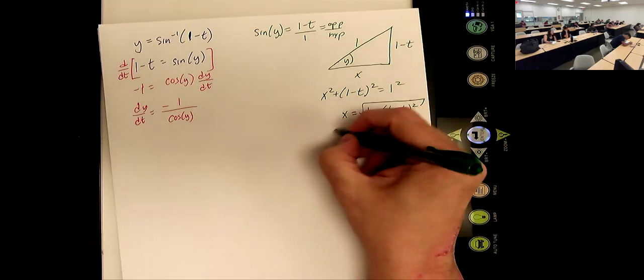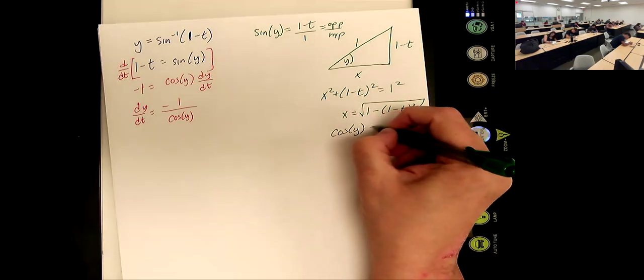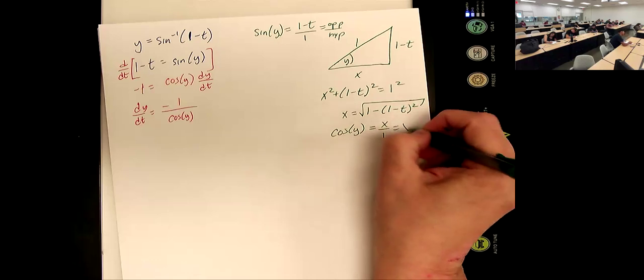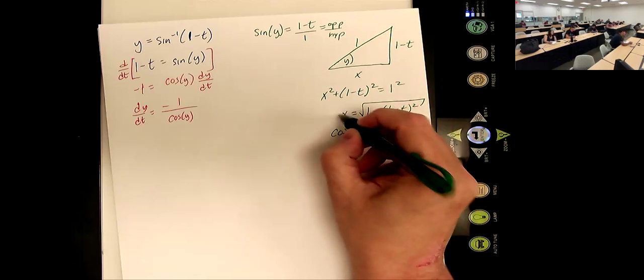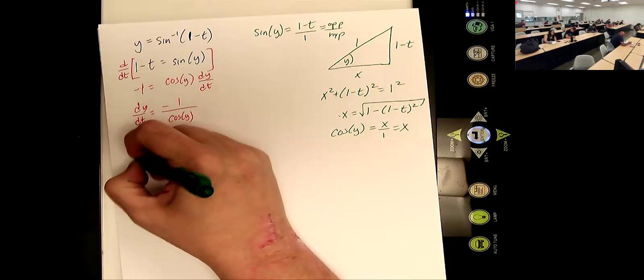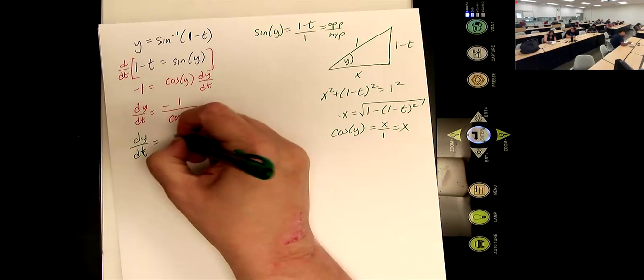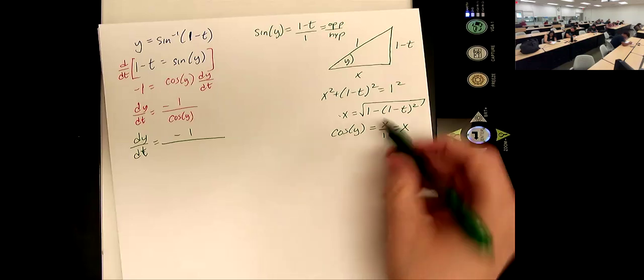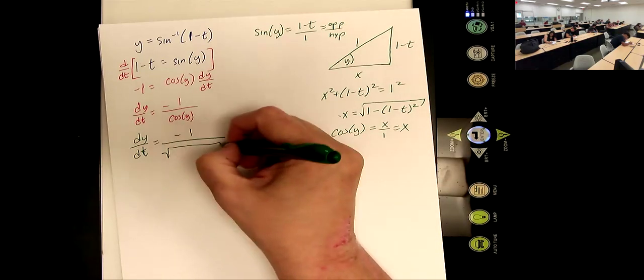And if we look at cosine of y, it's adjacent over hypotenuse, x over 1, or just x. That's my x. So dy/dt equals -1 over that thing right there.